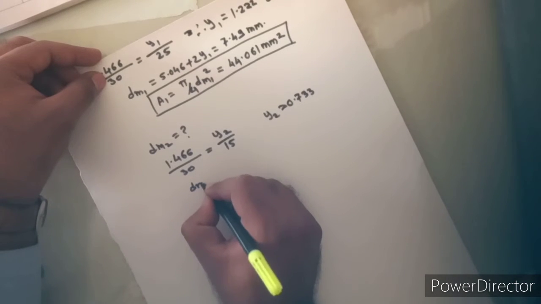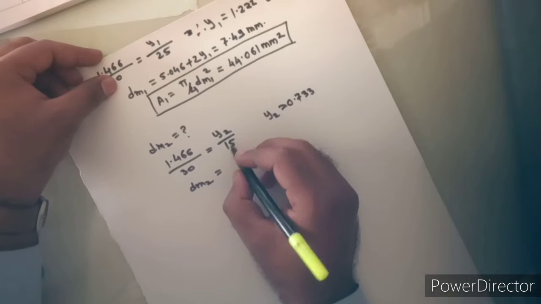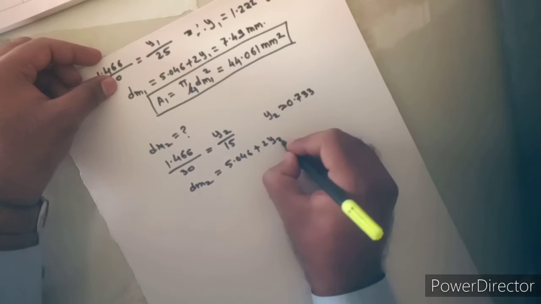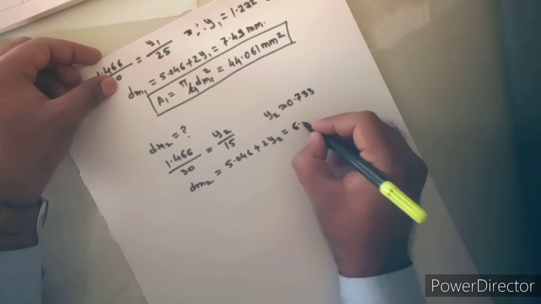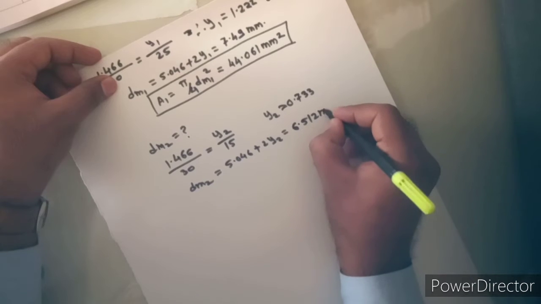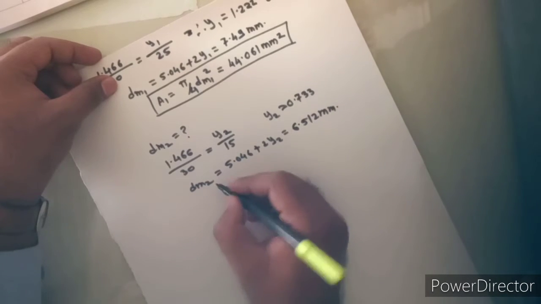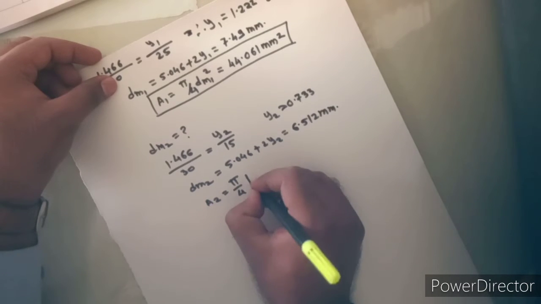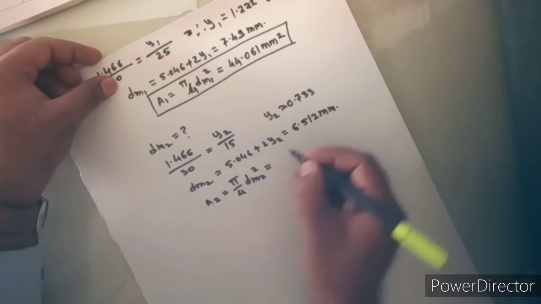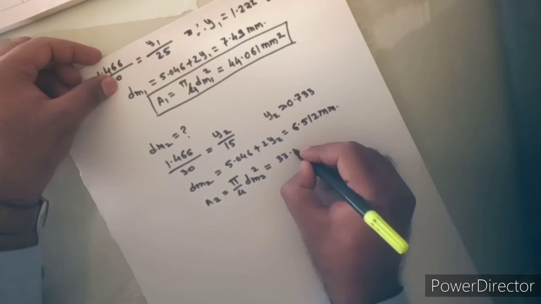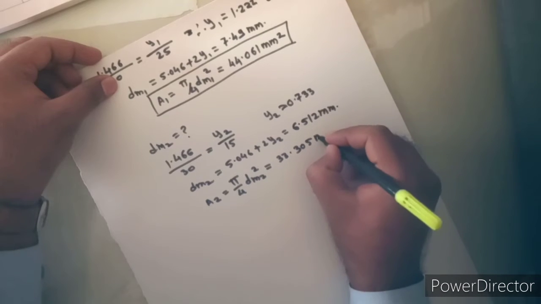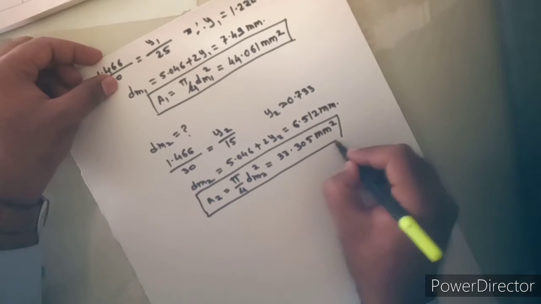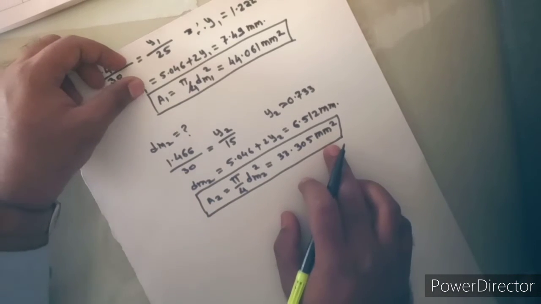Then DM2 is equal to 5.046 plus 2 y2, which is 6.512 mm. Similarly A2 is equal to pi by 4 DM2 square, which is 33.305 mm square. This is the value of A2.